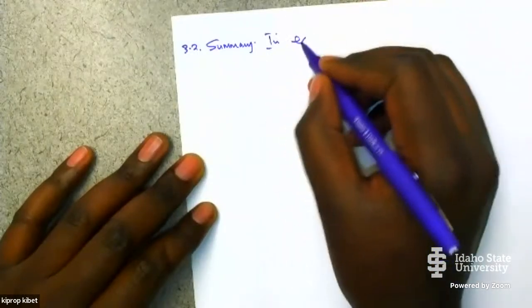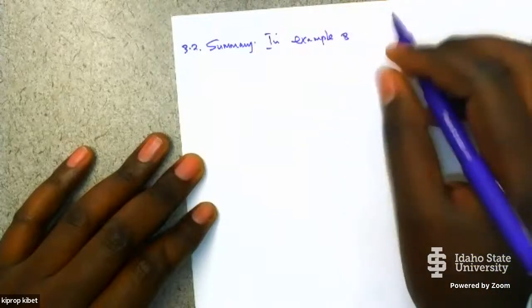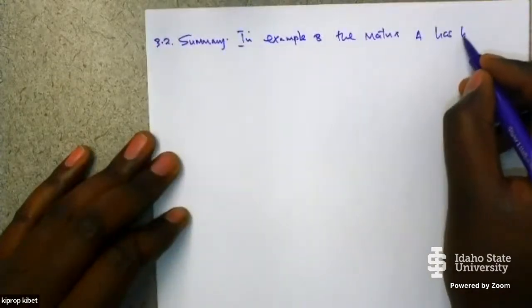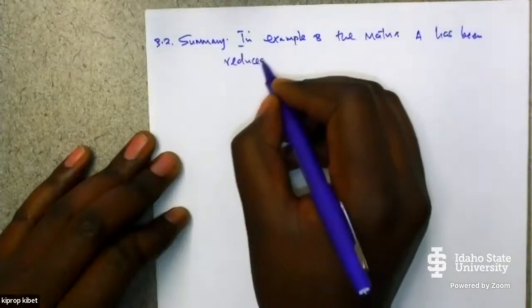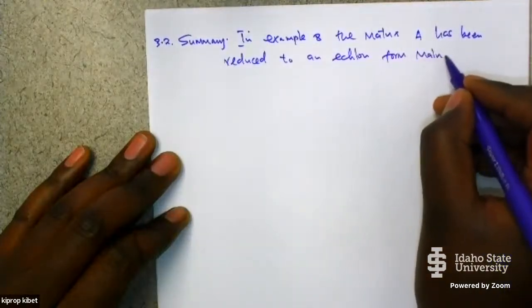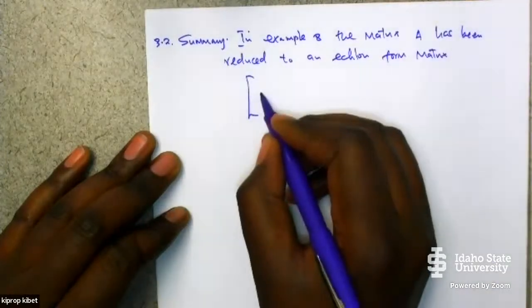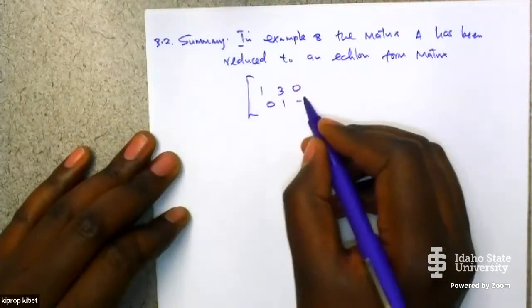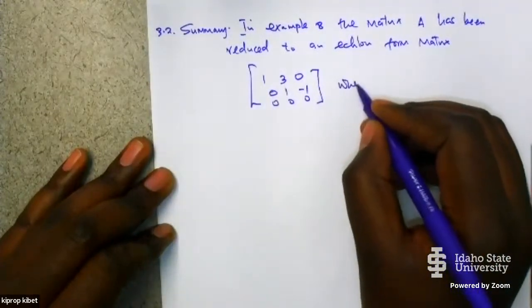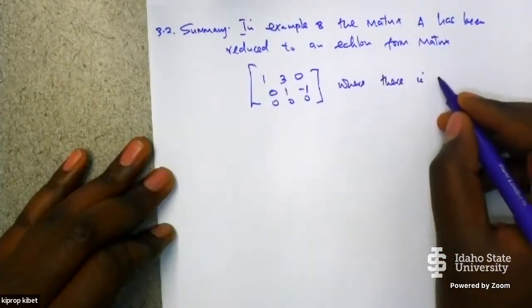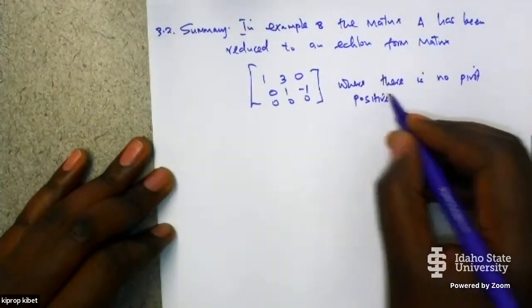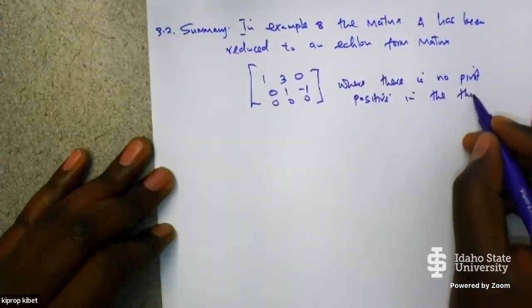If you look at example 8, the matrix A has been reduced to an echelon form matrix of the form 1, 3, 0, then 0, 1, -1, and then 0, 0, 0, where there is no pivot position in the third row.